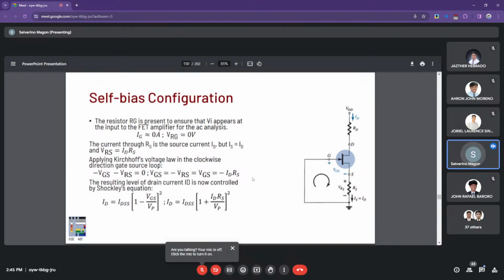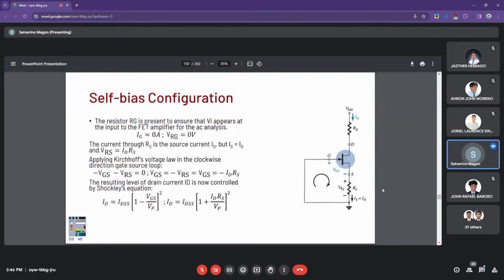In this case, we still have the gate current at zero, and the voltage across the gate resistance is also zero. The current through the source resistance is IS, but since we've established that the source current is essentially the same as your drain current, we can use these interchangeably. So the voltage across the external source resistance is equal to ID times RS.